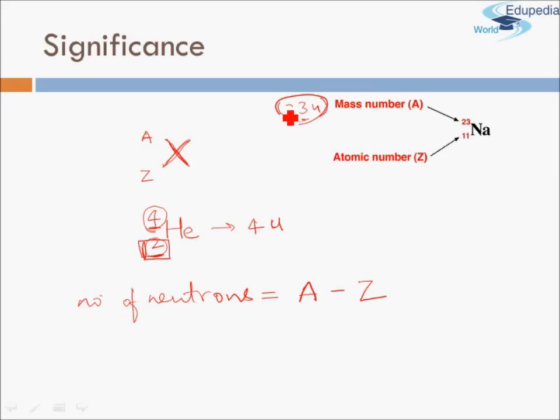If you want to calculate the atomic mass of sodium in grams, it is 23 grams if I have 1 mole of sodium atoms. That is, the gram atomic mass of sodium is 23 grams. If I have only one single individual atom of sodium, its mass is 23 u, as we have studied in the mole concept chapter.